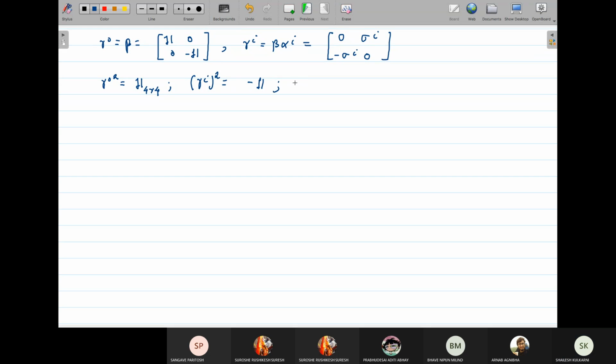Similarly, in the standard representation, gamma 0 is Hermitian, so gamma 0 dagger is gamma 0.